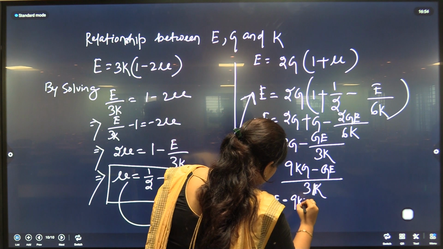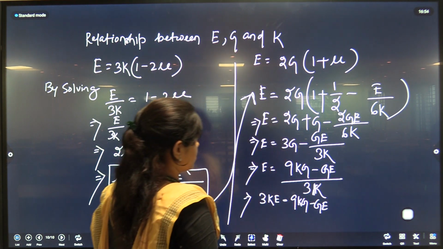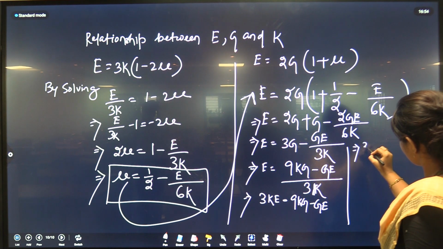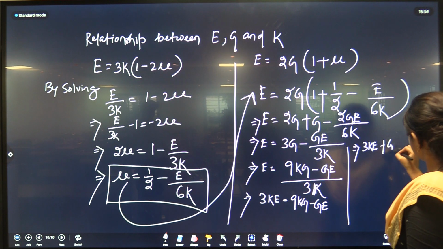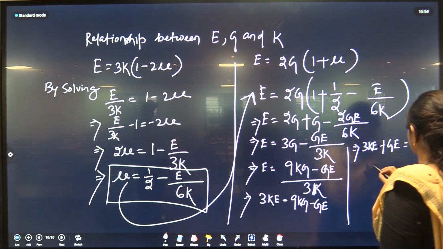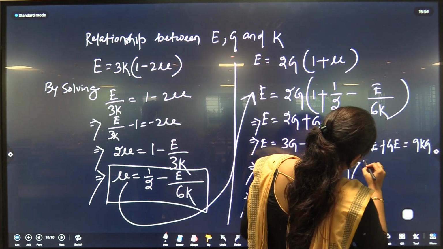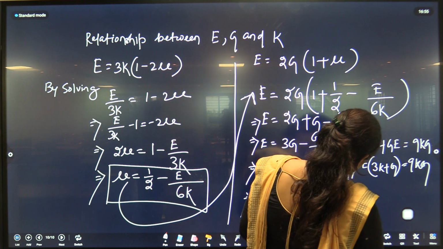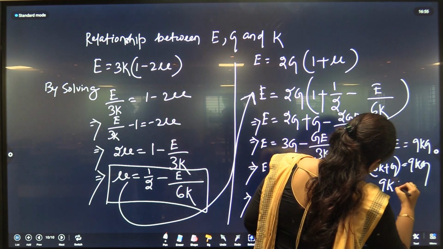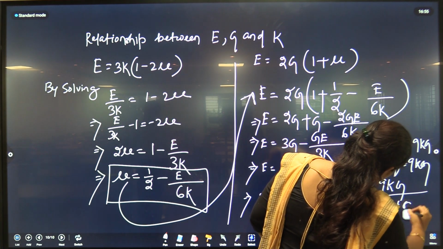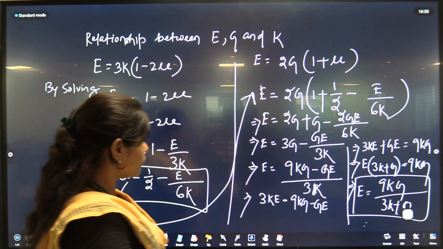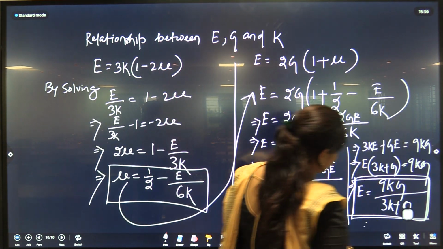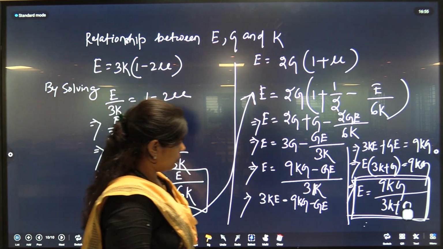E plus GE upon 3K, KE plus GE. E will become 9KG upon 3K plus G. Here we get the relationship between E, K and G.